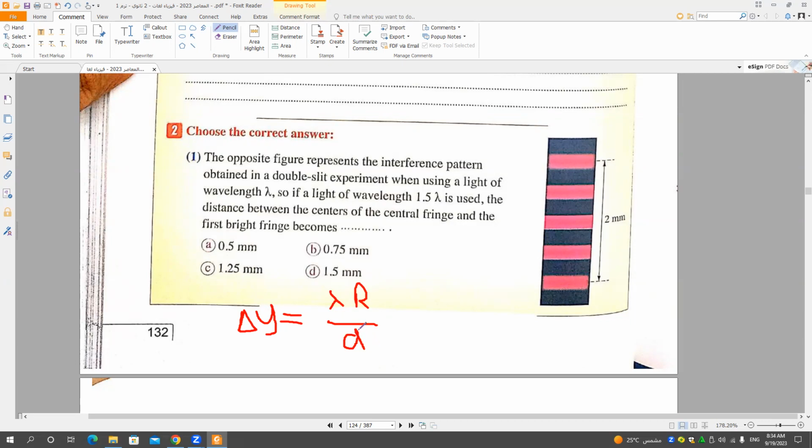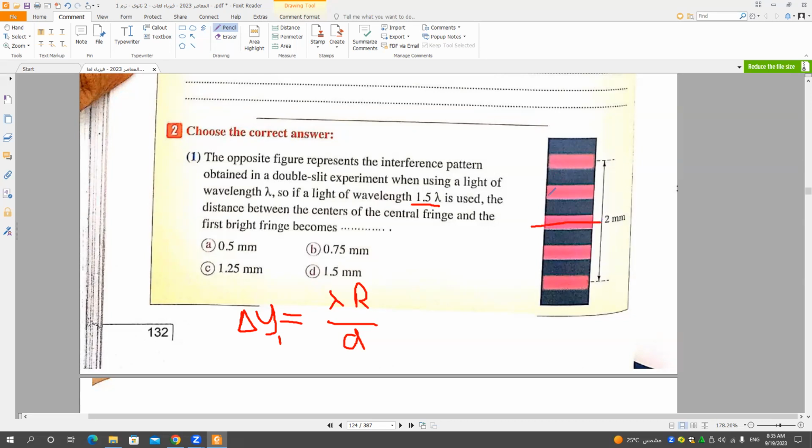But in the second case, what will happen if we use a longer wavelength? Firstly, we must get delta y1. Delta y1 equals what? This is the central ring.